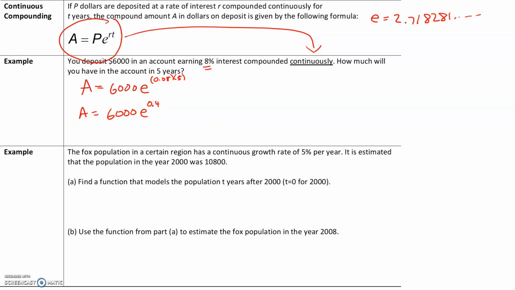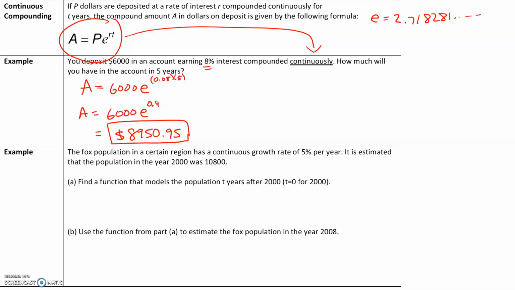So I'm going to plug this in, 6,000 times e raised to the 0.4 power, and I'm getting 8950.95. But again, it's really important that you practice this so you know how to use the calculator.